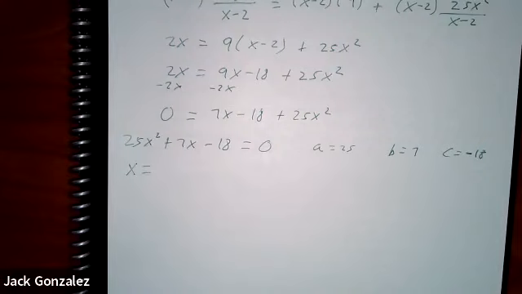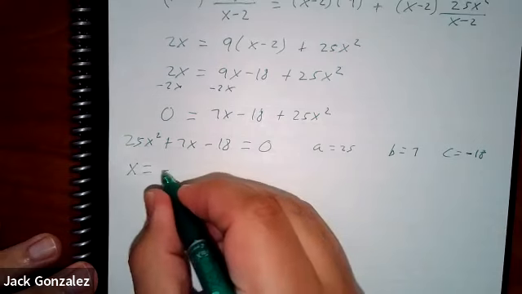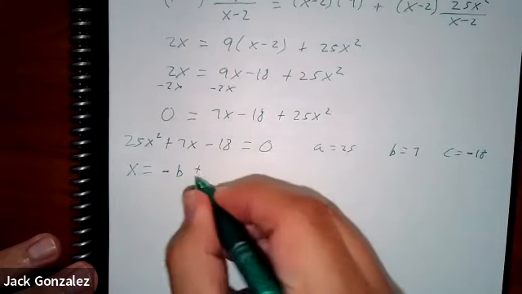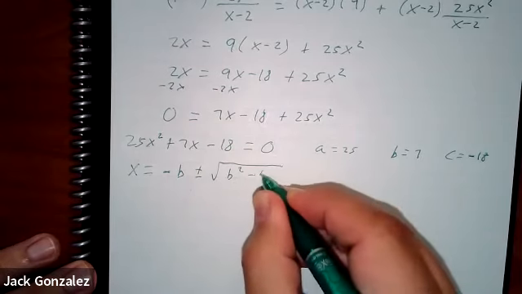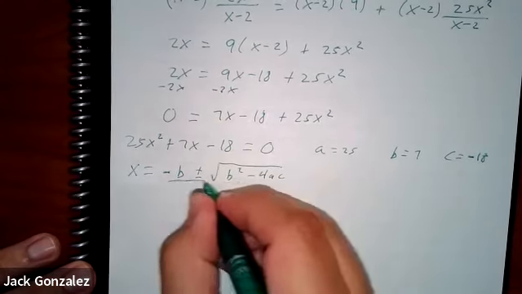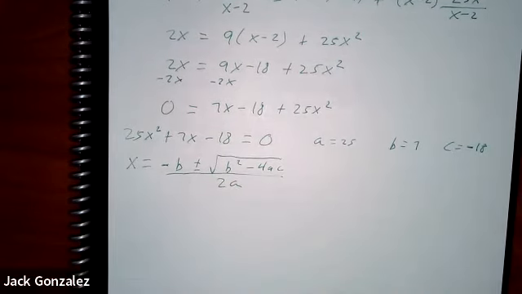It's going to be negative b plus or minus the square root of b squared minus 4ac, all over 2a. Right? Yeah, but I feel like I messed up on this important one.